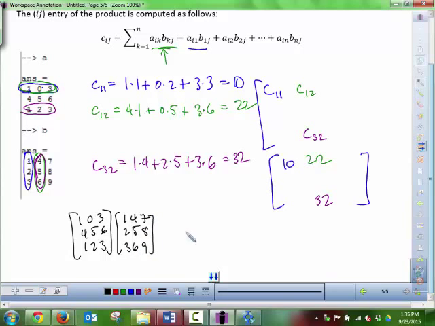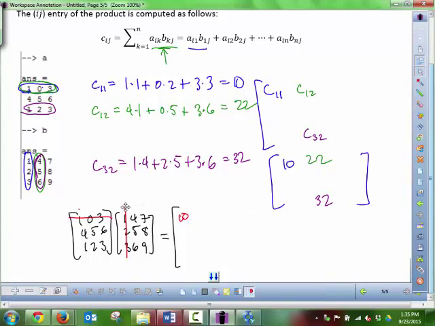And if you're looking at it like this, when you do your multiplication, my first element here is going to be the first row and first column. So again, that's a 10. To get my second number, it's the first row and the second column, which we got to be 22.